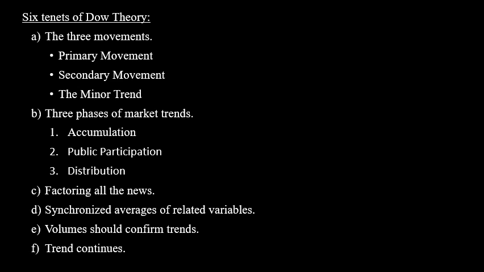Later it is disclosed to the public, or you can say the public comes to know, and everyone starts buying the shares of that particular company. At that time, speculative activities occur and suddenly the price of the security goes up. So that is called the public participation phase.